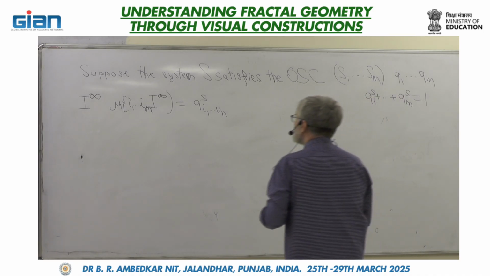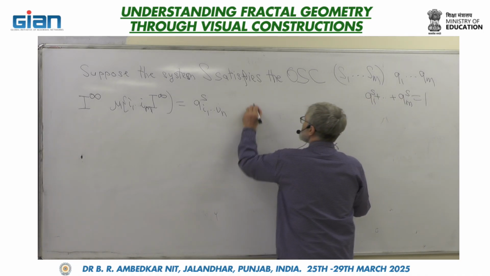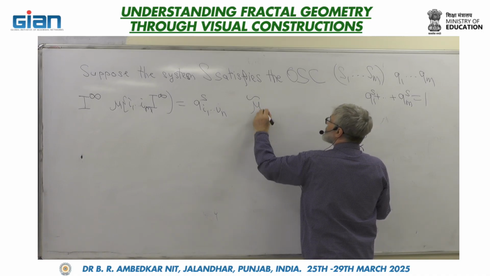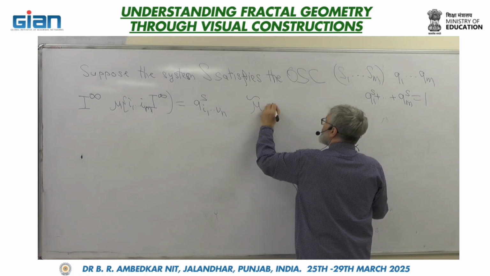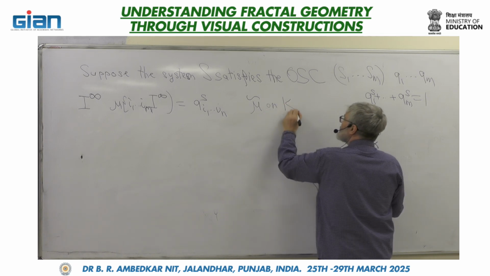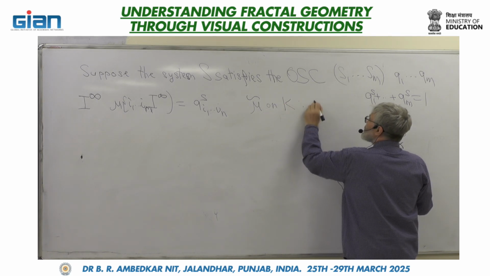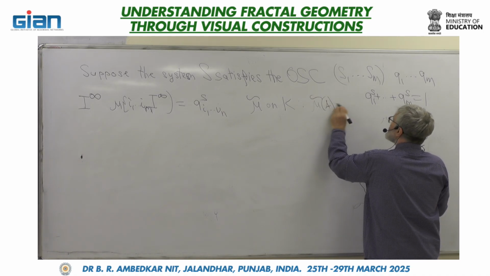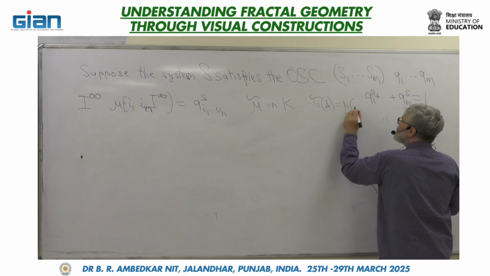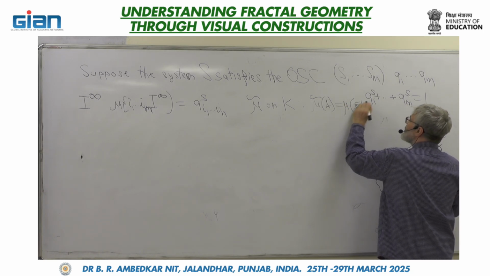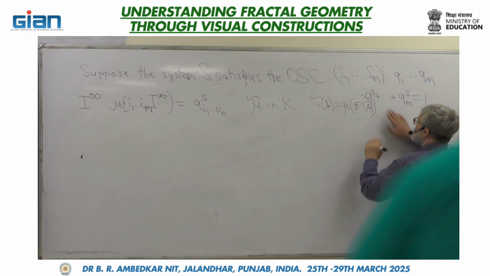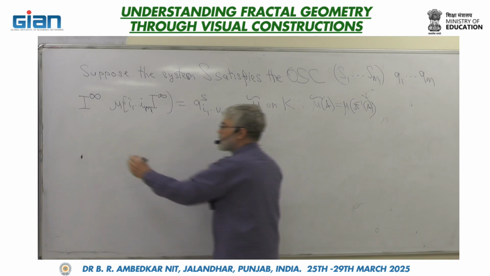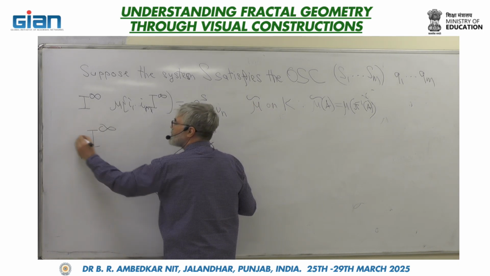And now we consider the measure mu tilde on K, such that mu tilde of A is equal to mu of pi inverse of A. So it will be the projection of the measure mu. So we have the space I infinity.